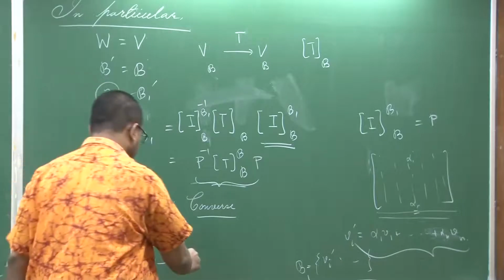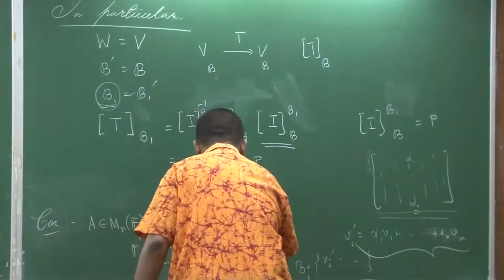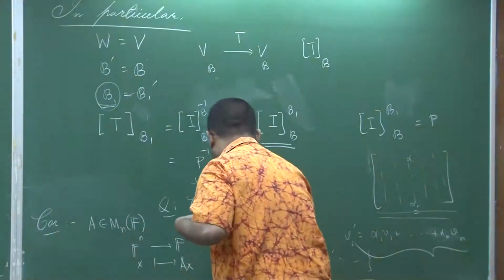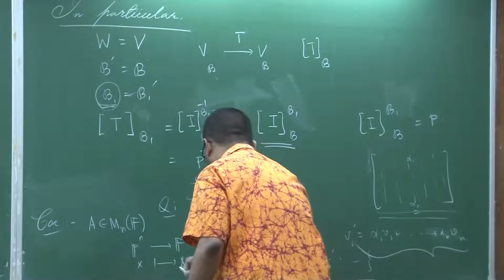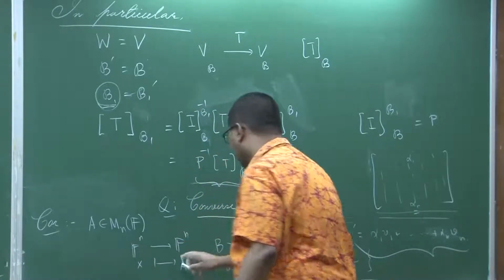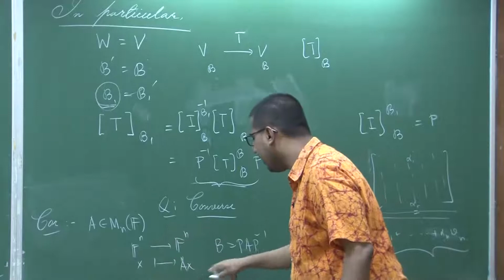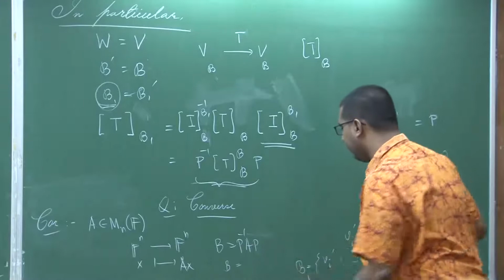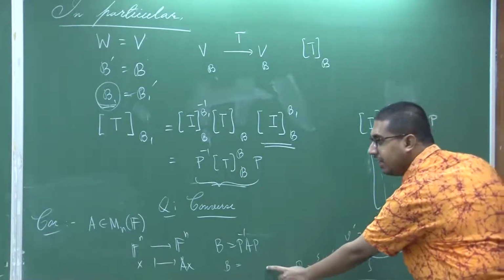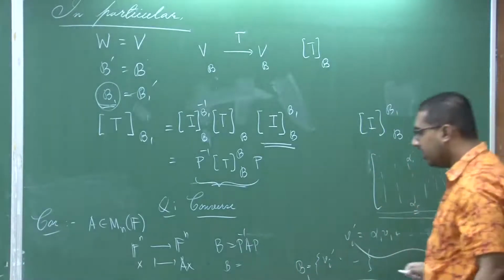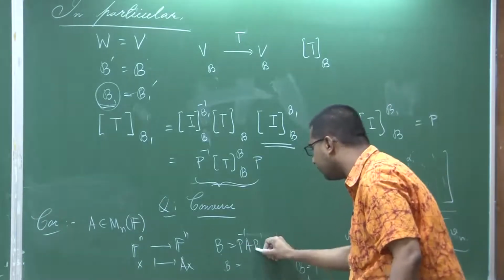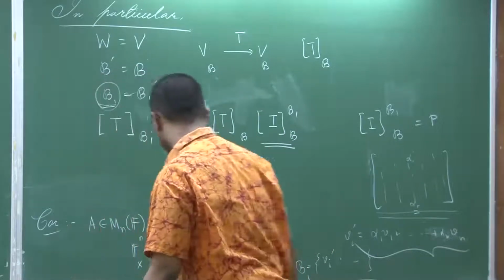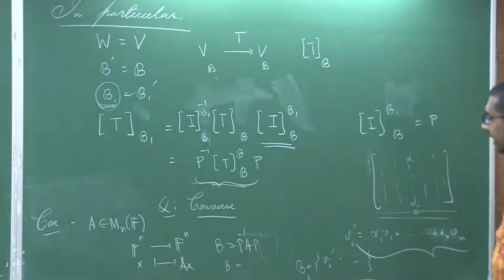So, any matrix B, if B is PAP inverse, then B is nothing but the matrix representation of the same linear map with respect to, well, it is better to conveniently put this as P inverse AP, because from that I can immediately read the new basis, namely given by the columns. So, if B is of this form, then I look at the columns of P and the columns are going to tell me what is the new basis, because that is what we have seen from here.